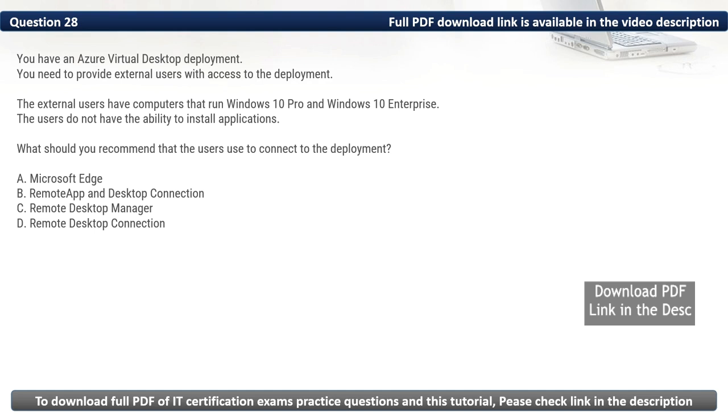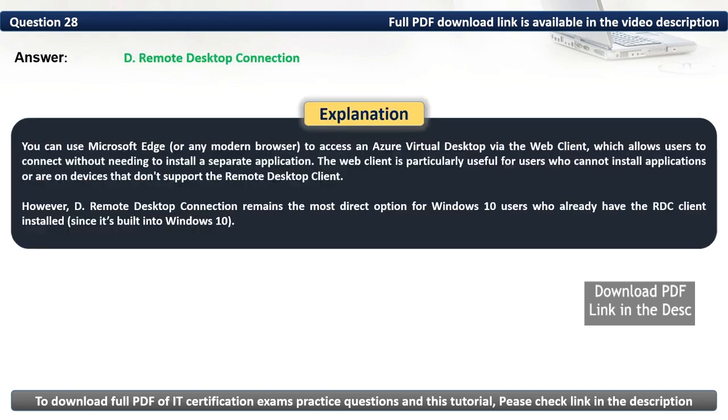Here in this question, we should recommend the users to use remote desktop connection to connect to the deployment. Thus, the correct option is D. You can use Microsoft Edge to access an Azure virtual desktop via the web client, which allows users to connect without needing to install a separate application.